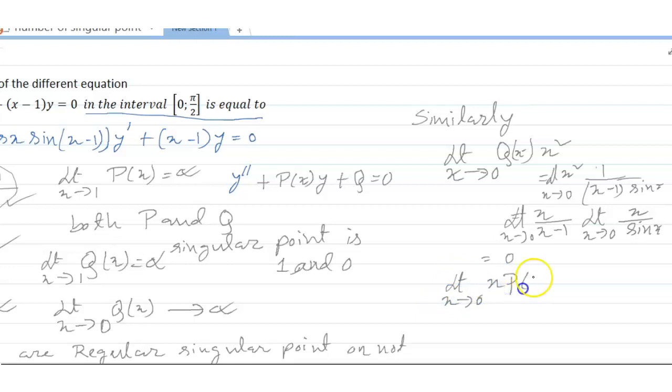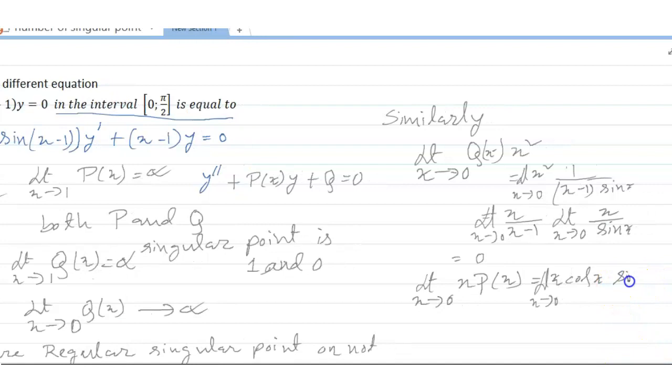And limit x tends to 0 x into p(x), where sin x by x is equal to 1, is x into cos x sin(x minus 1) divided by (x minus 1)^2 sin x.